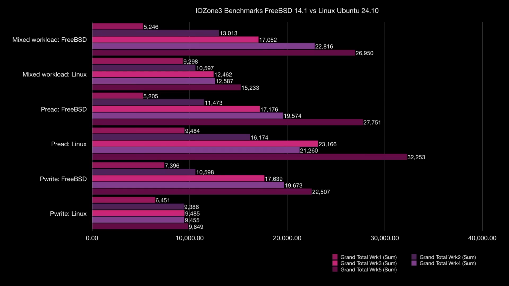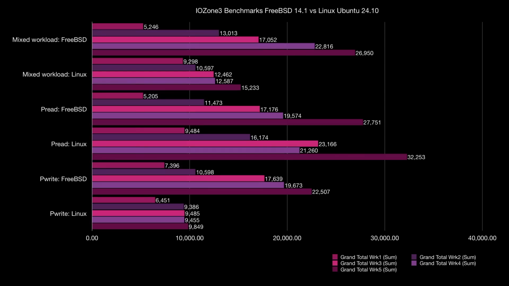And FreeBSD beats it. P reads, again, I don't have any skin in the game. I don't care which one's faster. I'm just going to tell you what I saw, and this is what I saw. P reads, FreeBSD is slower than Linux all the way across the board. There are no exceptions on any of the scaling, except they get a little closer on the number 4.